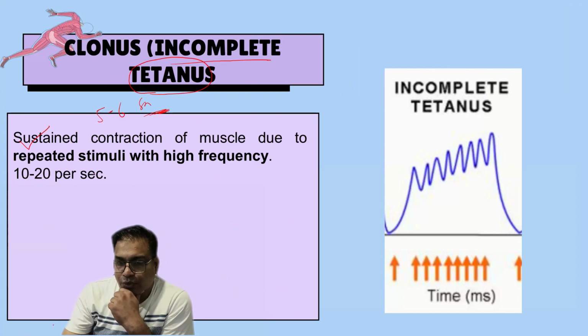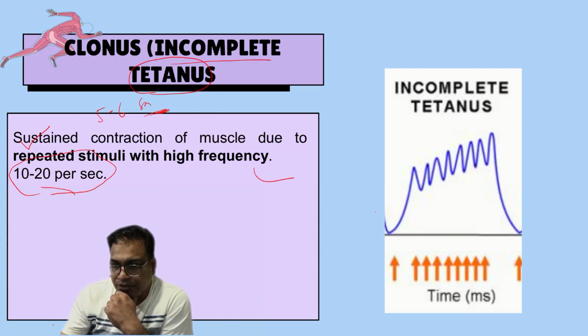In case of clonus, the rate of stimulus is around 10 to 20 per second. So the graph is achieved in this form. This is called clonus or incomplete tetanus.